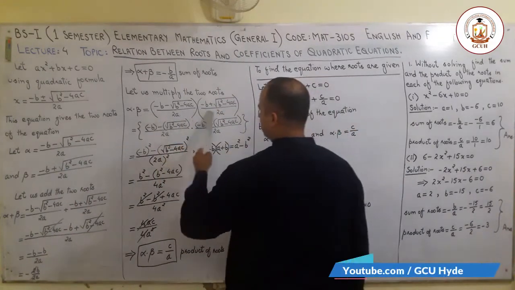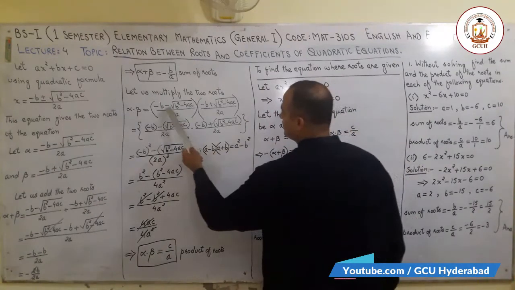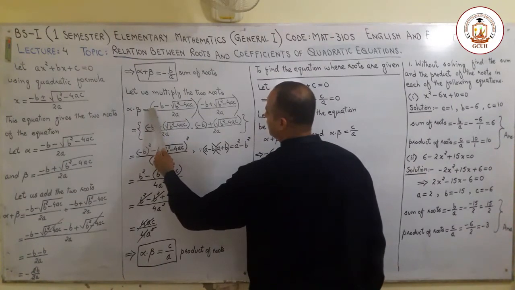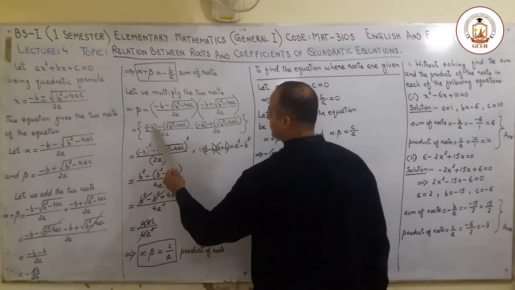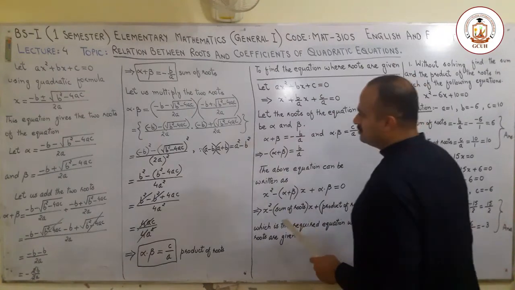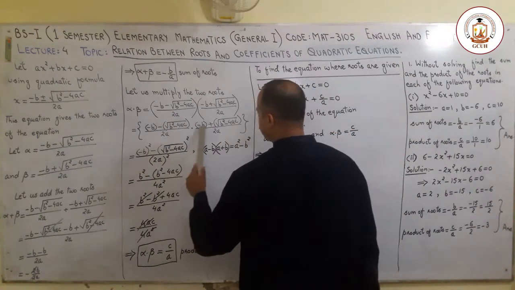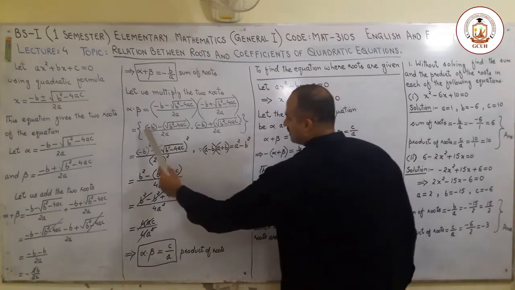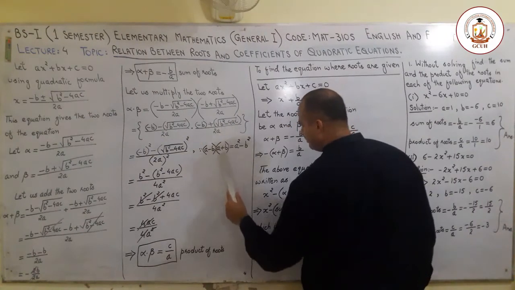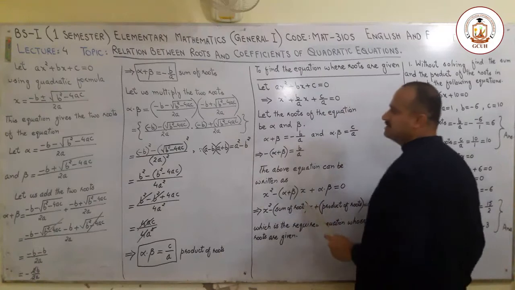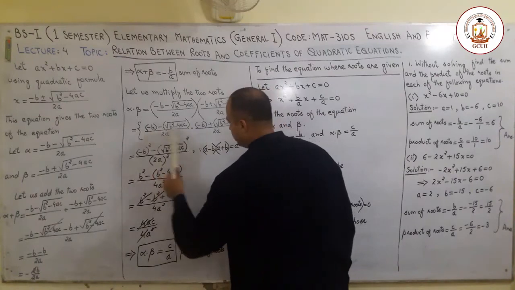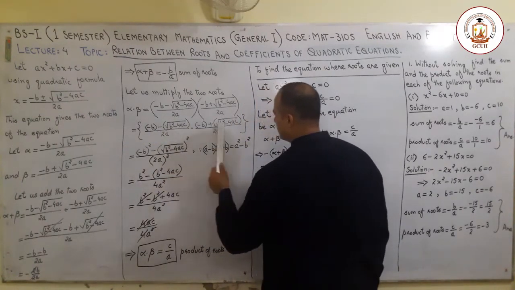So the numerators of these fractions can be written prominently as, if we fix this minus b within one square bracket and this square root within another square bracket, you may notice that this is actually the formula a minus b into a plus b, which is equal to a square minus b square. So here we have a as minus b, and instead of b we have this square root.